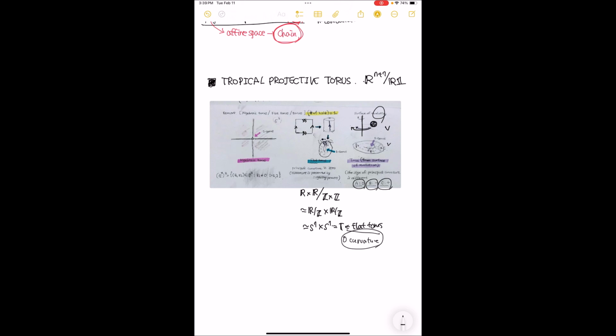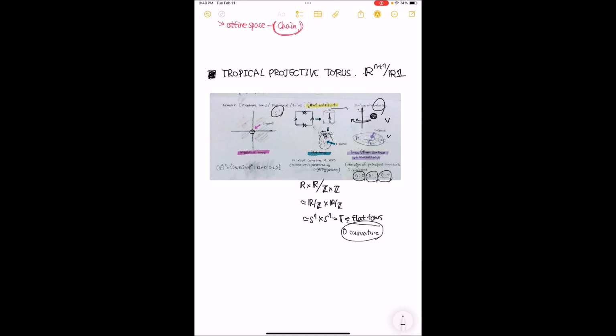If we consider a complex plane C^2 and get rid of one point, that is also a sort of torus. We call that torus an algebraic torus.